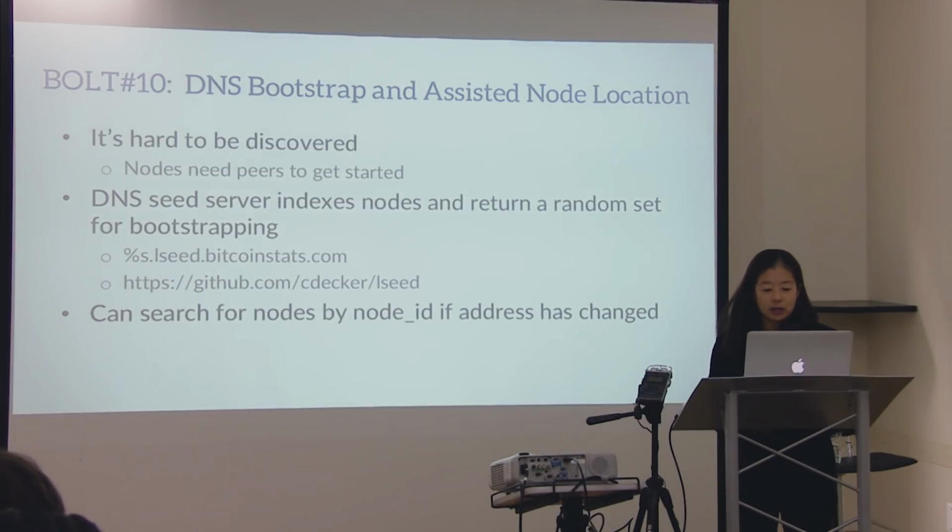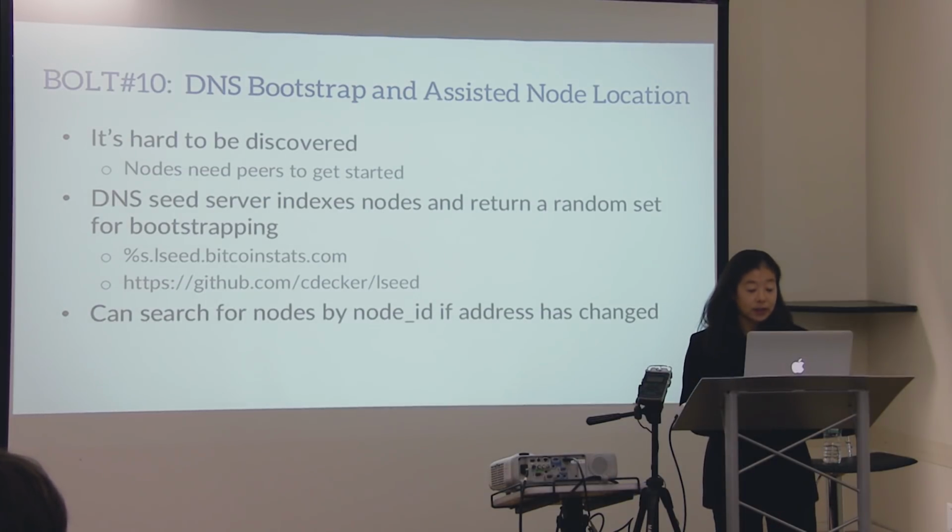I think only LND uses the seed server right now. It's also useful because if a node doesn't have a static IP address, it can go offline and come back, and this is a way to find the node again if its IP address has changed.